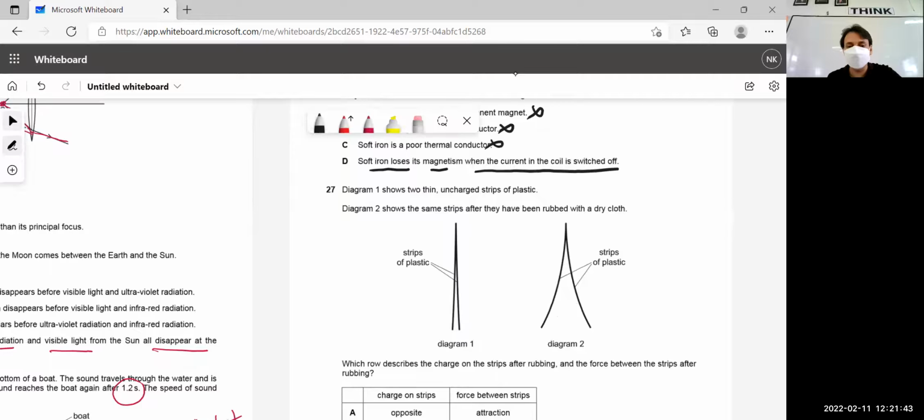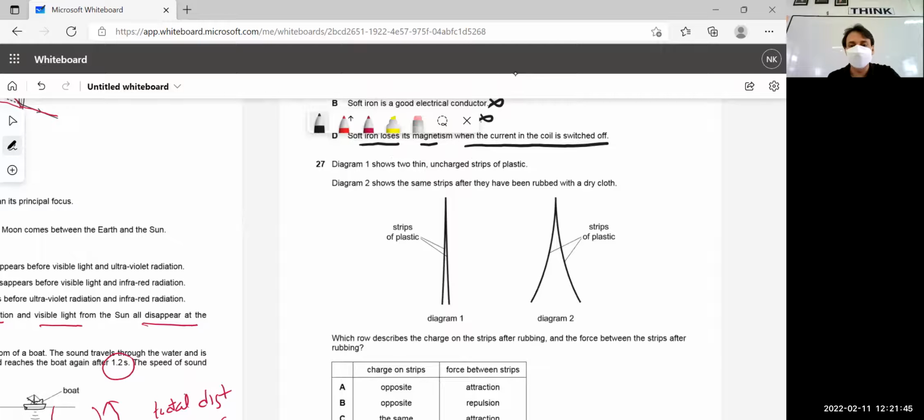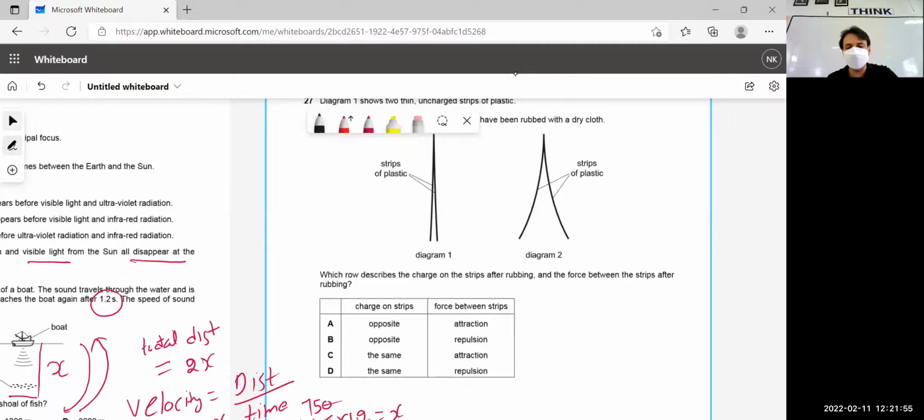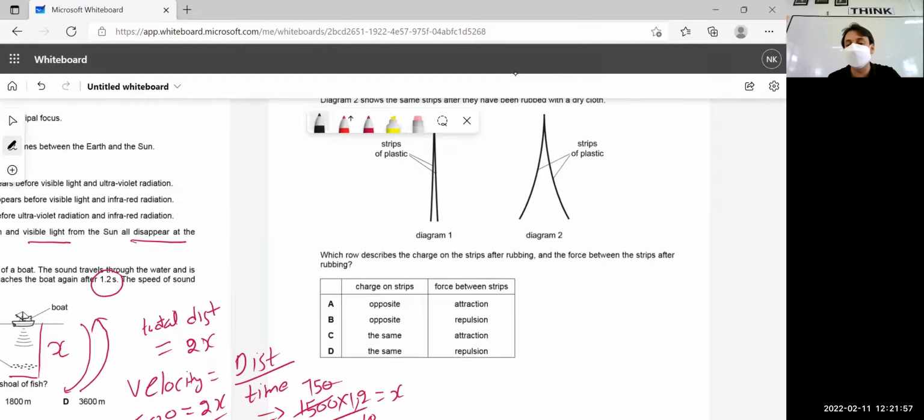In question number 27, a diagram shows two thin uncharged strips of plastic. Diagram 2 shows the same strips after they have been rubbed with a dry cloth. Which row describes the charge on the strips after rubbing? After rubbing, you can see in the diagram, the strips are moving away from each other. It means they are repelling each other.